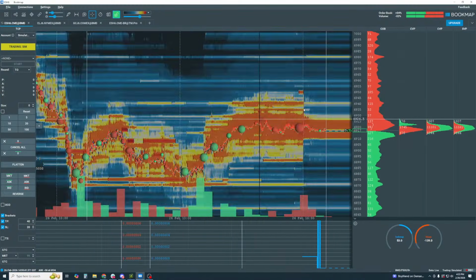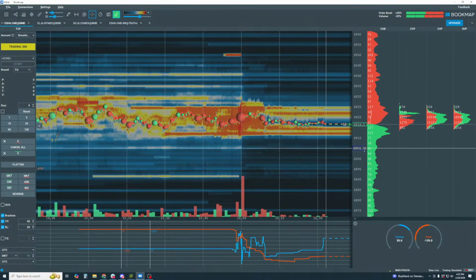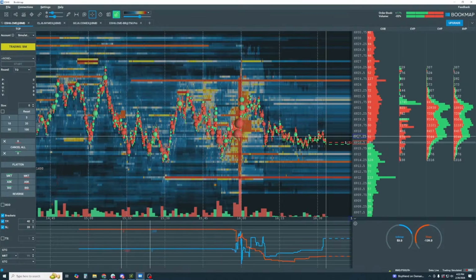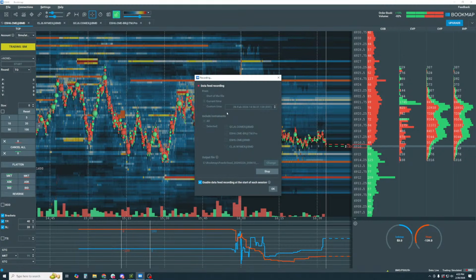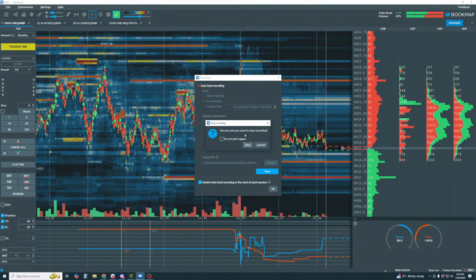That's really fantastic. Okay, so this is 7.7. It's in 7.6 as well. Now in 7.7, you come down here, and you'll stop the recording, like I'm in the live market right now. So I will stop it, and it says, "Are you sure you want to stop the recording?"